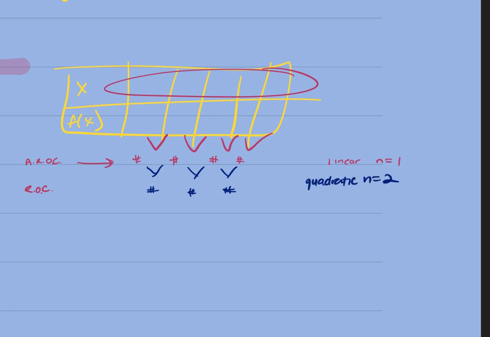N equals 2. And then I'd go one more level, another rate of change of that, and I'd get numbers. And if those are the same, then it is cubic, or n equals 3. And if I did it again, so you'd have to have more numbers here. Bad example, because you'd have to have more numbers. And now it's the same. Now it's quartic, or n equals 4.